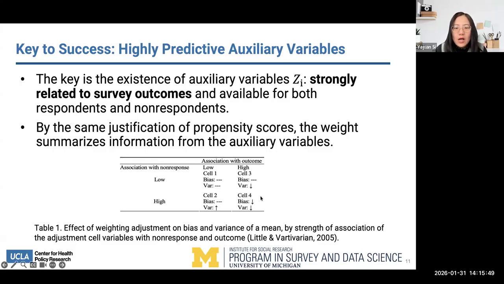You can see that only when the adjustment variables, or those auxiliary variables, are highly correlated to the non-response and highly correlated to the outcome, the weighting adjustment would reduce the bias and the variance.